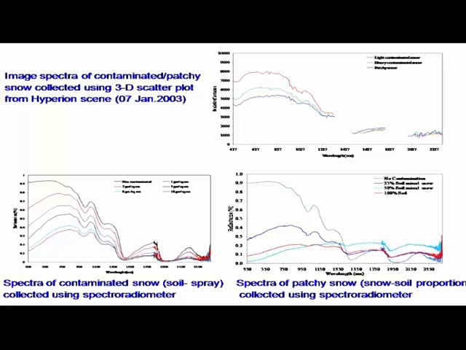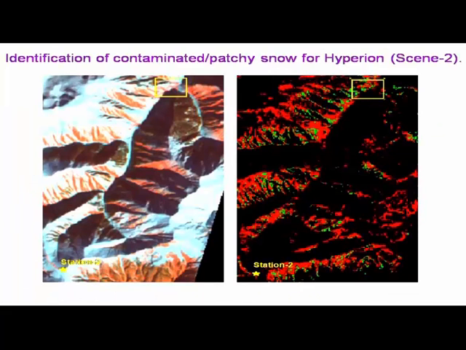This was collected with the help of our spectral library, and these are the spectra collected for the different contamination levels, and with that again we have tried to identify the contaminated snow versus the patchy snow using this Hyperion scene.